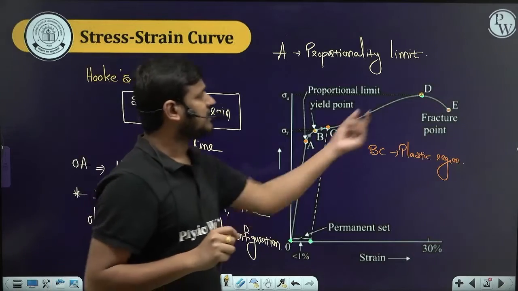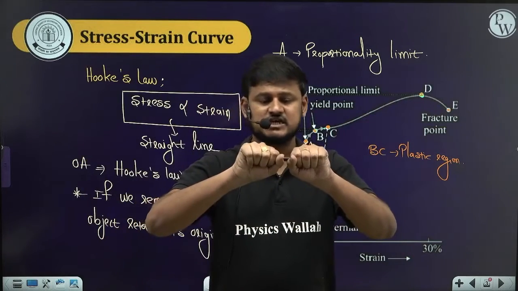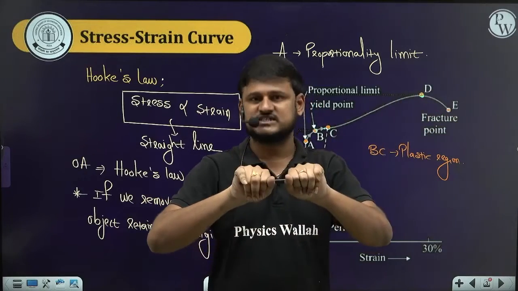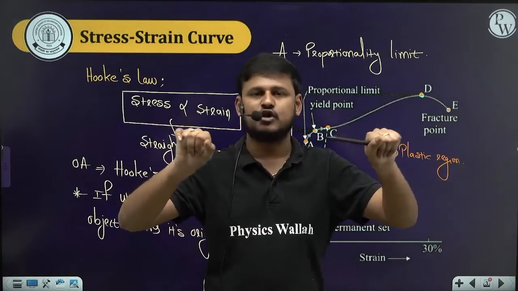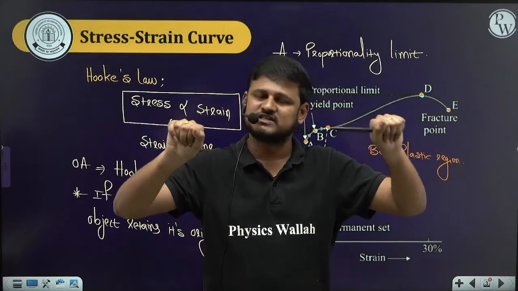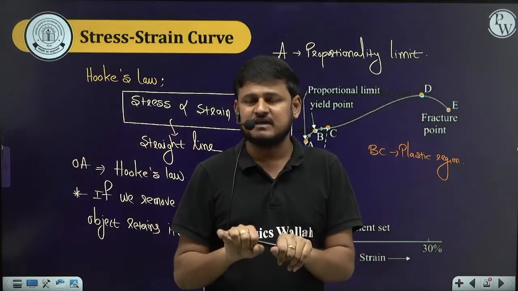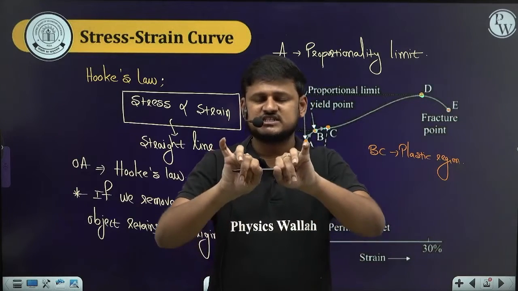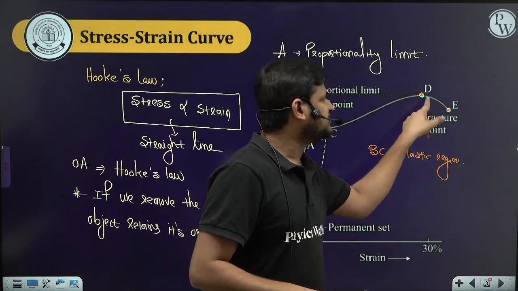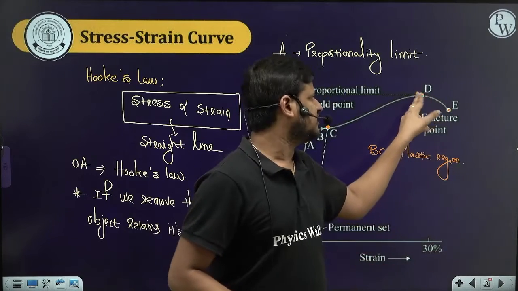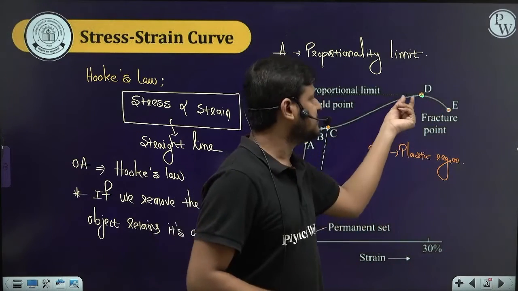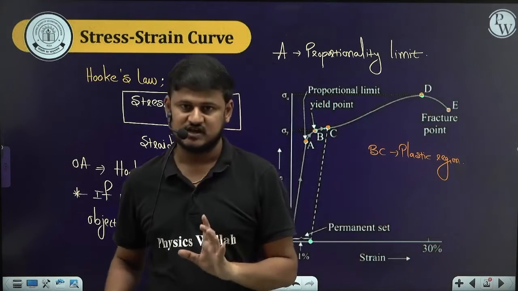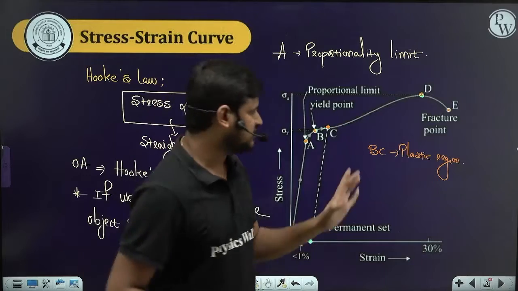In ductile materials, if you apply stress, they will not break after the maximum or ultimate stress; they still elongate, and after some point they break. But brittle materials fracture immediately after the D point, when they reach the breaking stress or ultimate stress. Ductile materials will not break right after the ultimate stress. Clear? Understood this point?